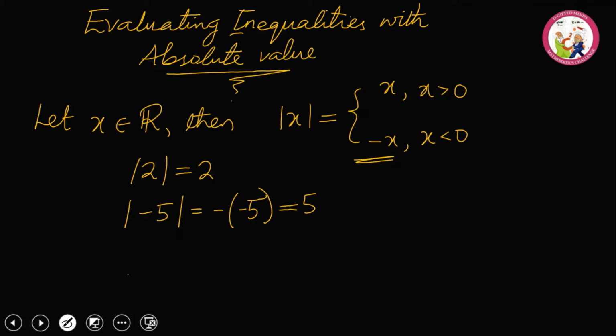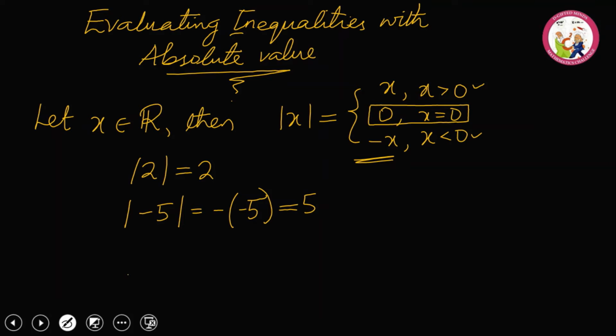So whenever x is negative, the absolute value is the negative of that negative value, which is a positive value. So the absolute value of any number is actually the positive of that number. At times you can say the absolute value is 0 when x is 0, but this is a trivial part of the definition. We work with just these two: x when x is positive and negative x when x is negative.